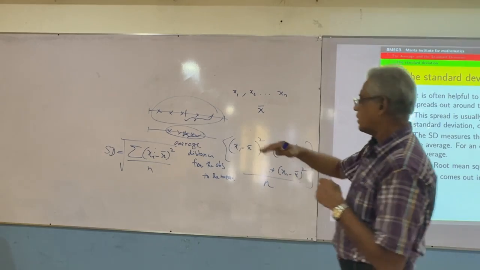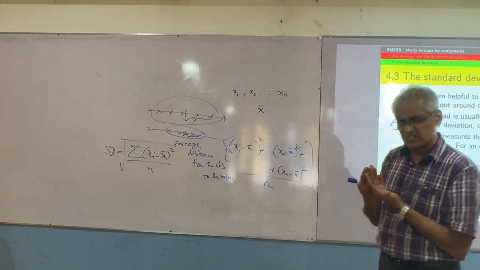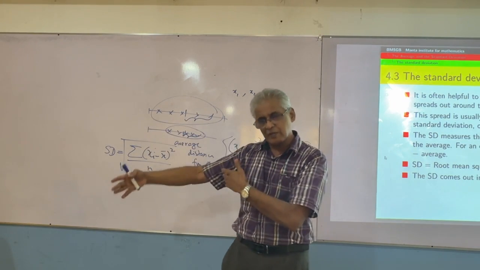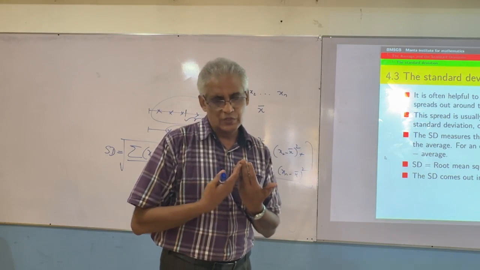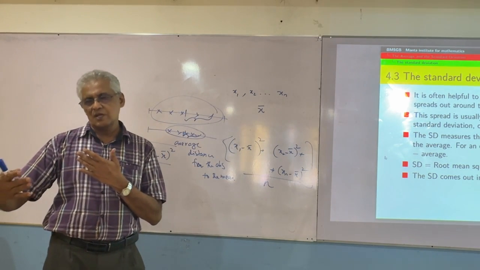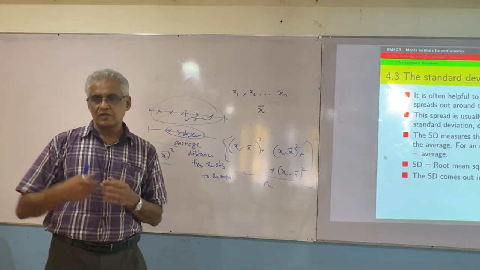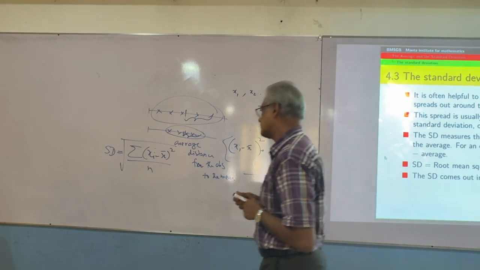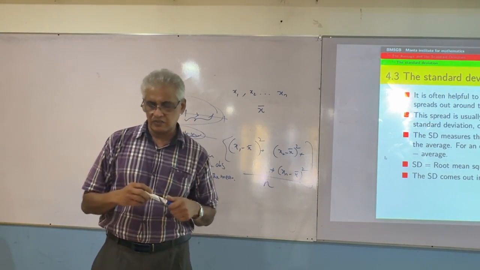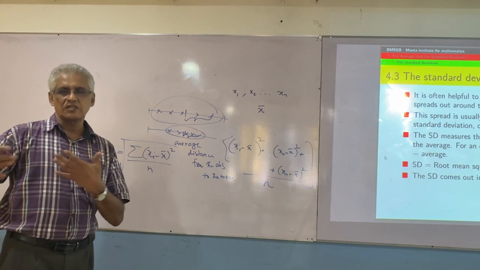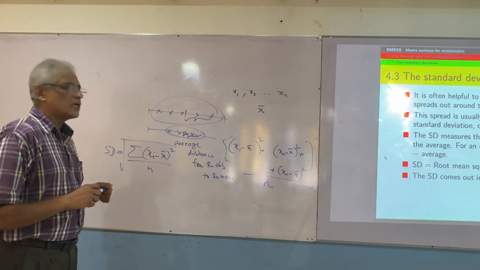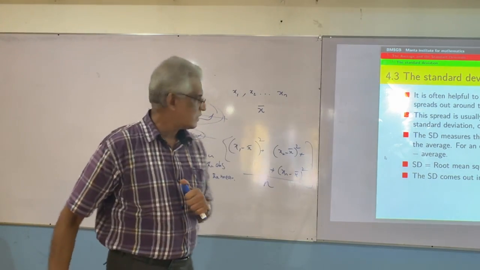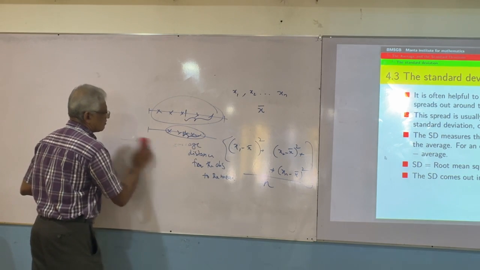It's not exactly the average distance, because we first take squared distances, sum them up, and take the square root, but generally it is used as a measure of the average distance of the observations from the mean. That's what we mean by the standard deviation.